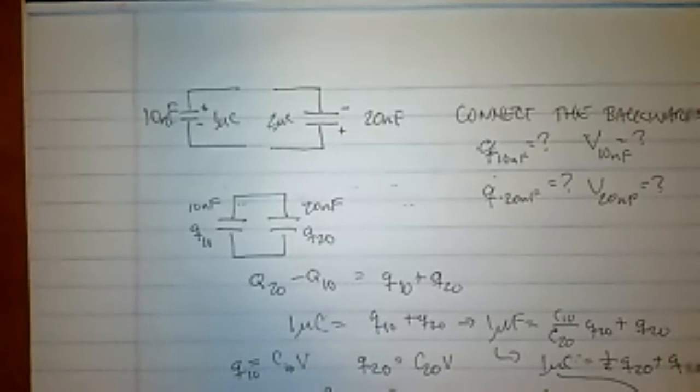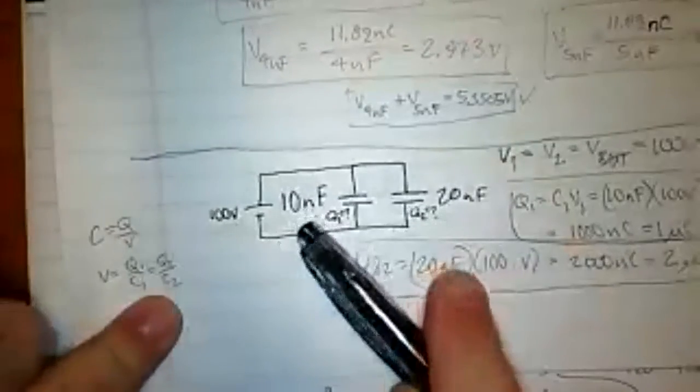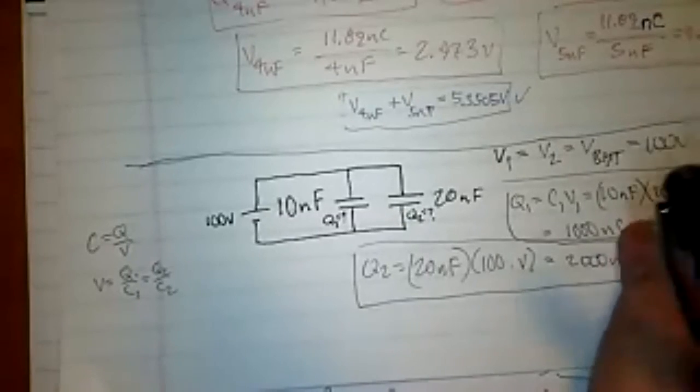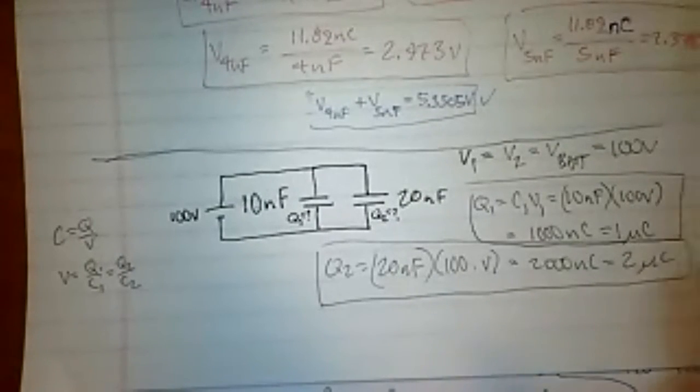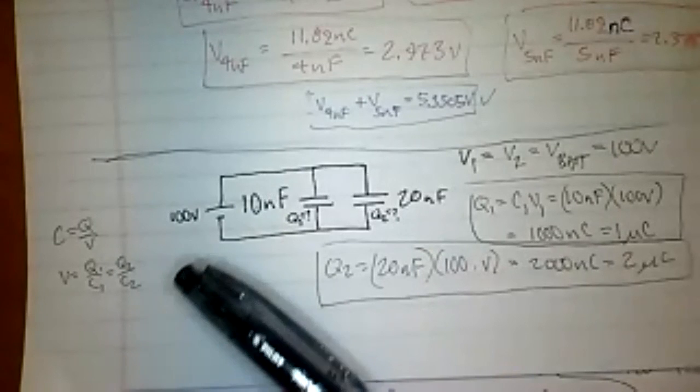Initially we took the 10 nanofarad capacitor and put it in parallel with a 20 nanofarad capacitor. Then we calculated what the charges would be if I connect it to a 100-volt power supply.